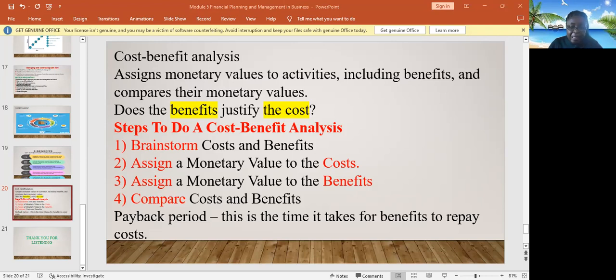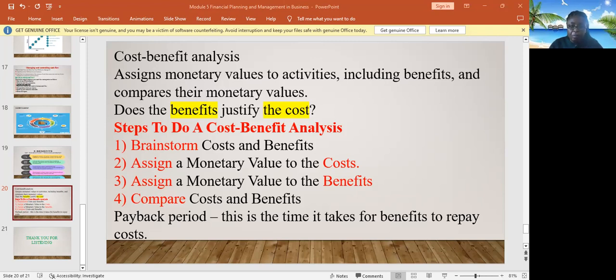So that is how we identify them. Then opportunity costs. This refers to lost benefits or opportunities that arise when a business pursues one product or strategy over the other.